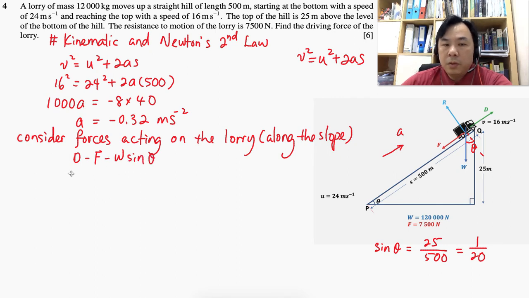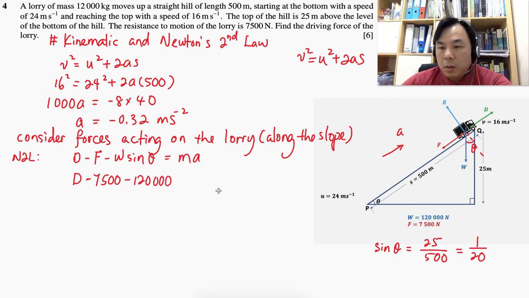So therefore, that will be, okay, the resultant force is given by this, and then this resultant force should produce an acceleration based on Newton's second law here. Okay. So I'm going to write down this is Newton's second law. All right. And then driving force, which I have no idea, but I do have the resistive force. The weight component, 120,000 by sine.